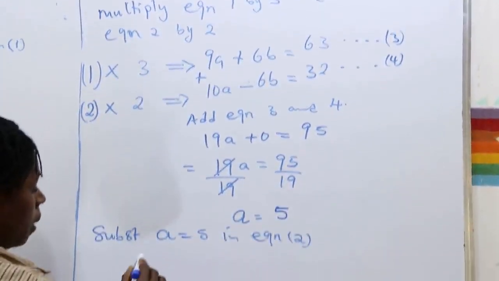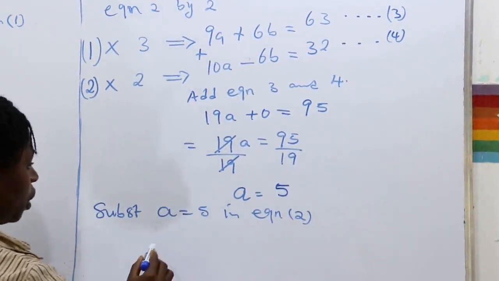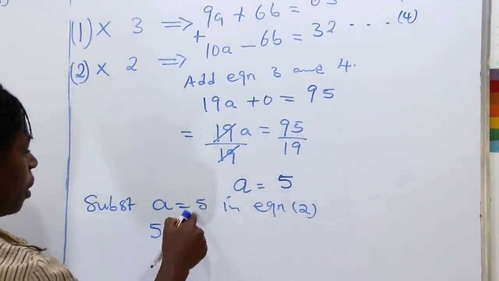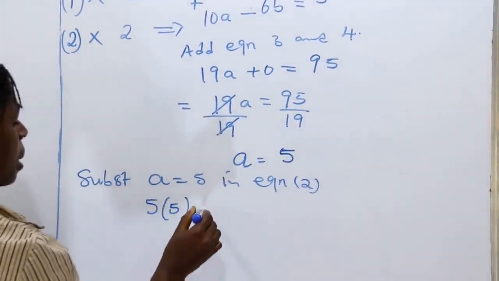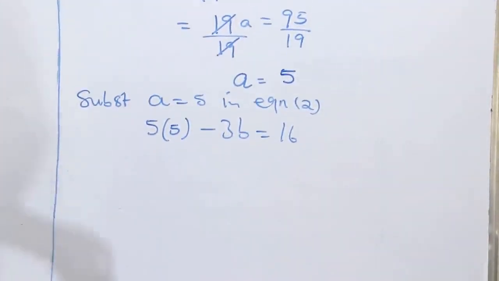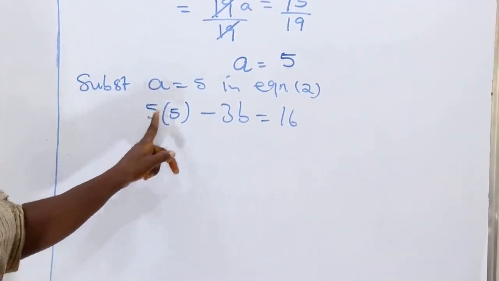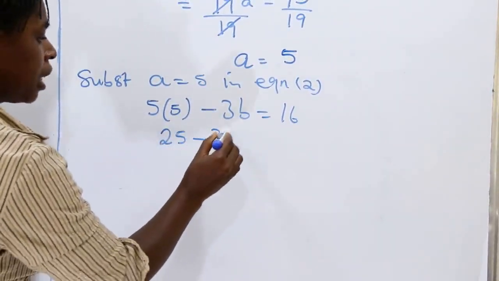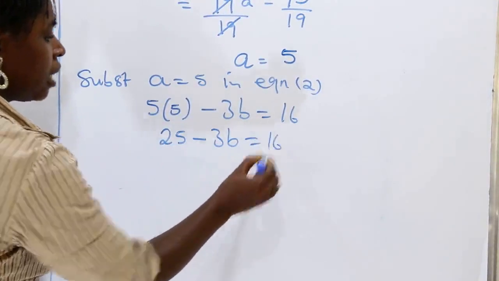We have 5 into a, which is 5, minus 3b is equals to 16. So 5 times 5 will give you 25 minus 3b is equals to 16.